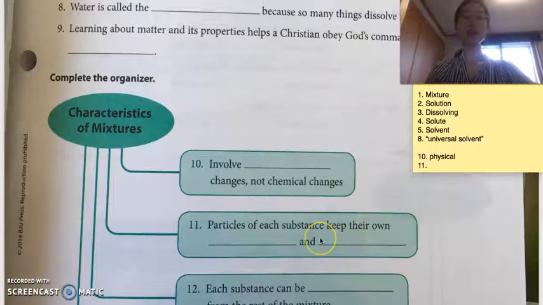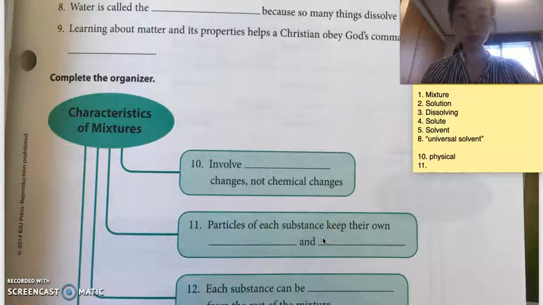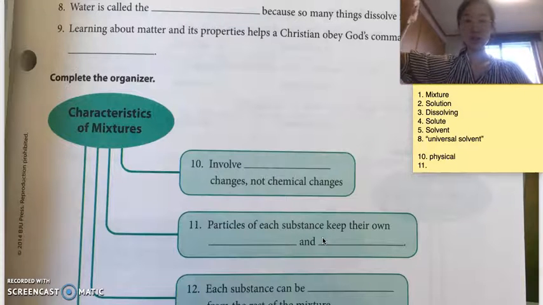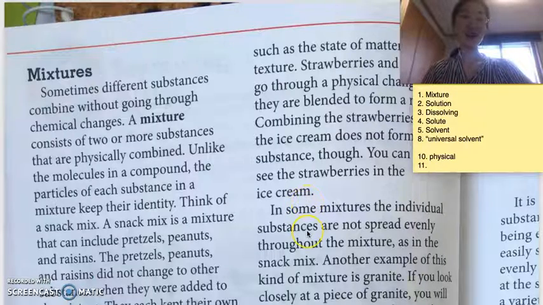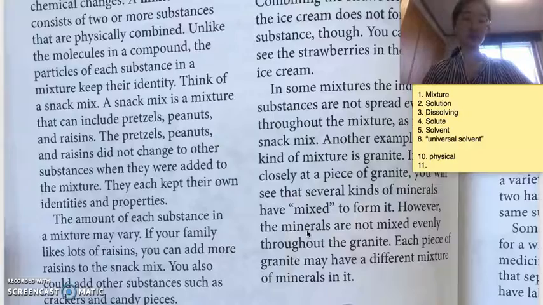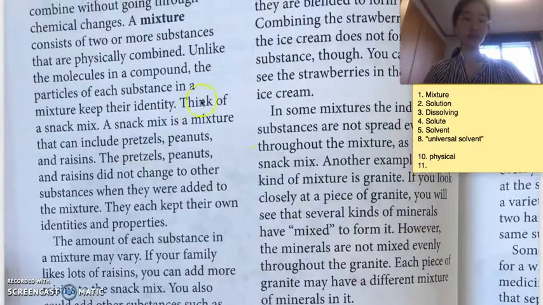11. Particles of each substance in a mixture. Think about the snack mix. Visualize it in your head. Each ingredient in that snack mix keeps its own blank and blank. So I went straight back to the same page. Let's see here. Perfect. My favorite example. Think of a snack mix.